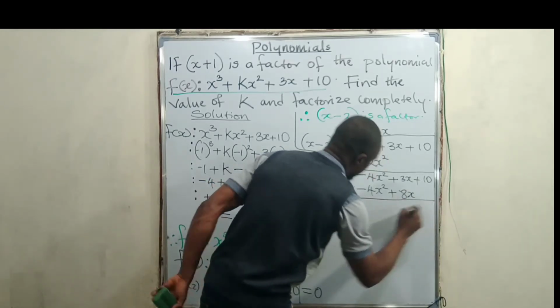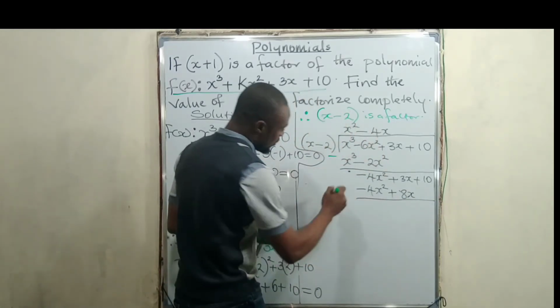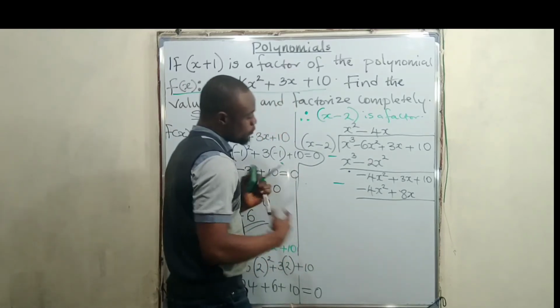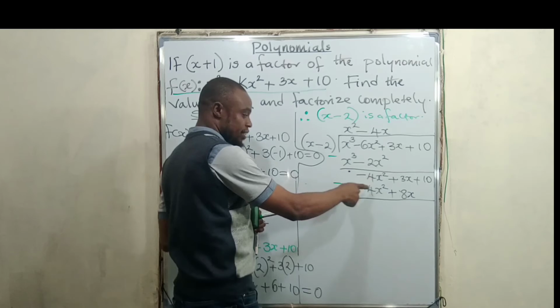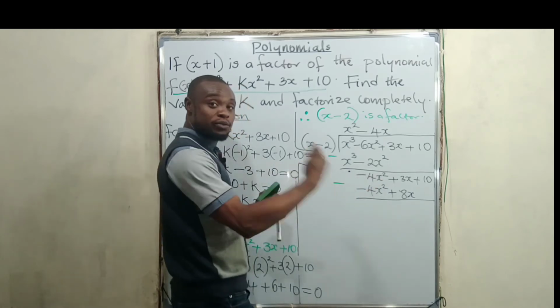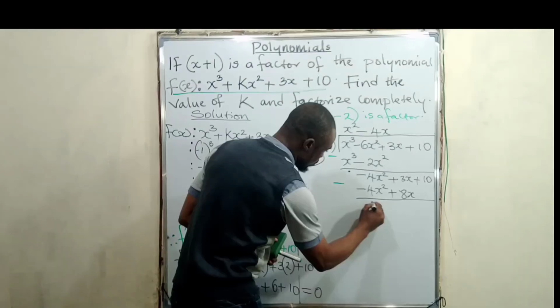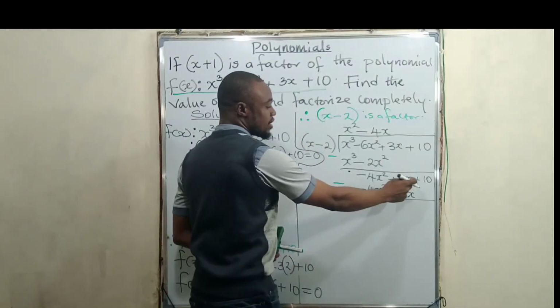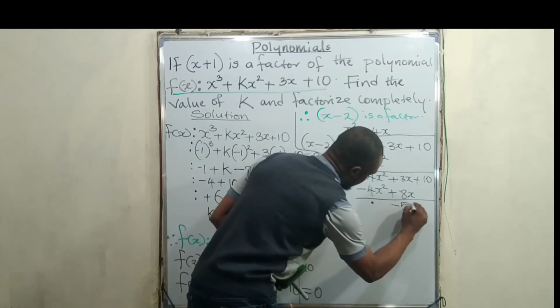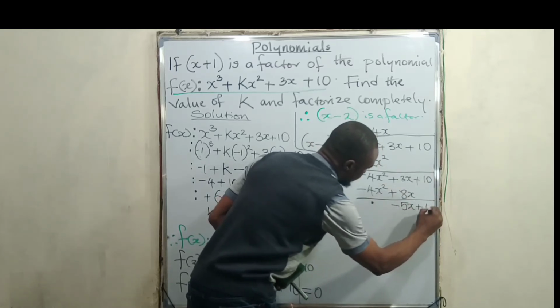So rule a line here and put our imaginary negative sign. Okay, so minus 4x squared minus 6. So you know minus is now what? Plus 0. So 3x minus 8x is what? Minus 5x. So bring down our 10.